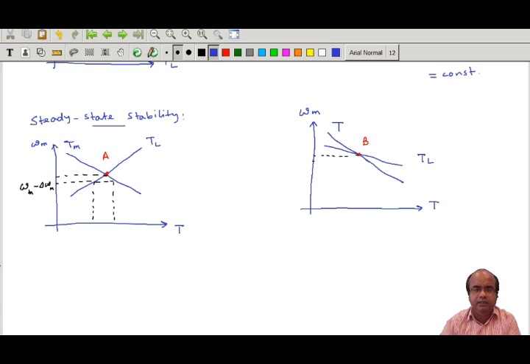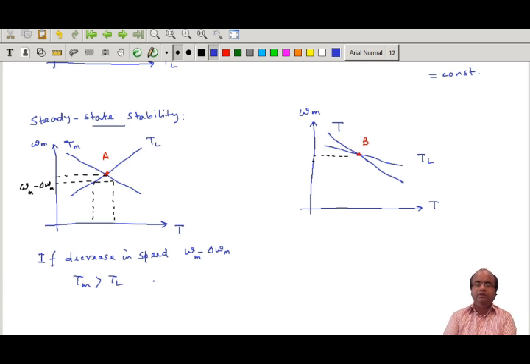For point A, a decrease in speed to omega m minus delta omega m means the motor torque becomes greater than the load torque.